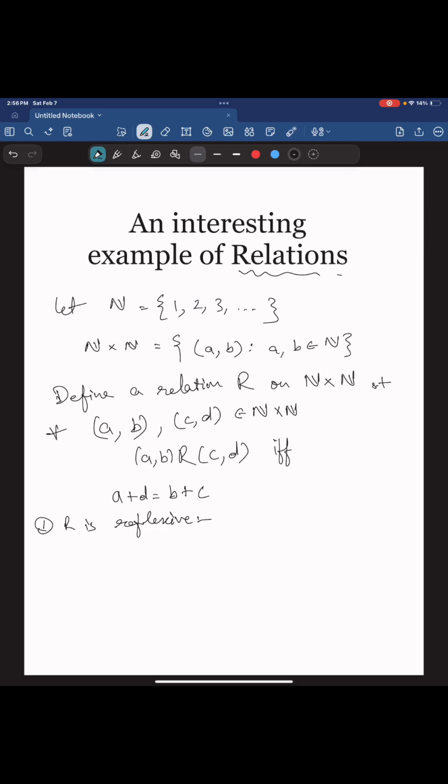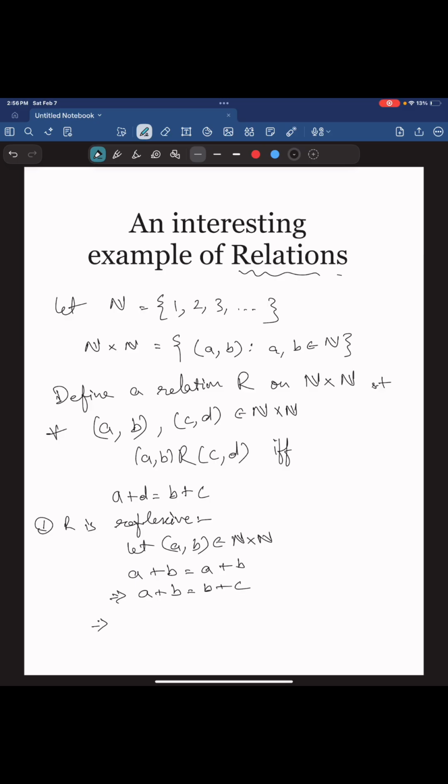For reflexive, we need: let (a, b) belong to N cross N. Okay, and we know that a plus b is the same as a plus b, right? Or since addition is commutative, I can write a plus b equals b plus a.